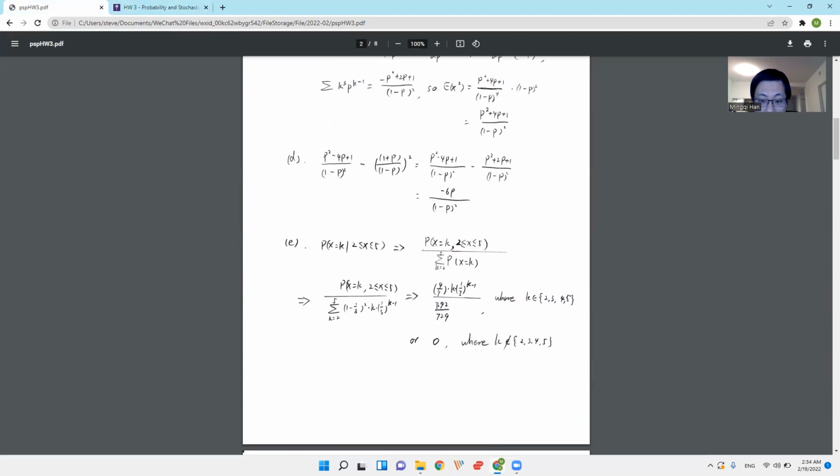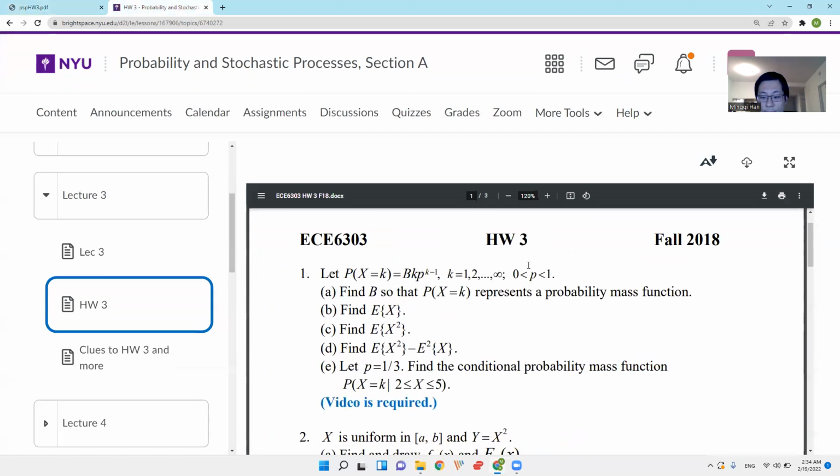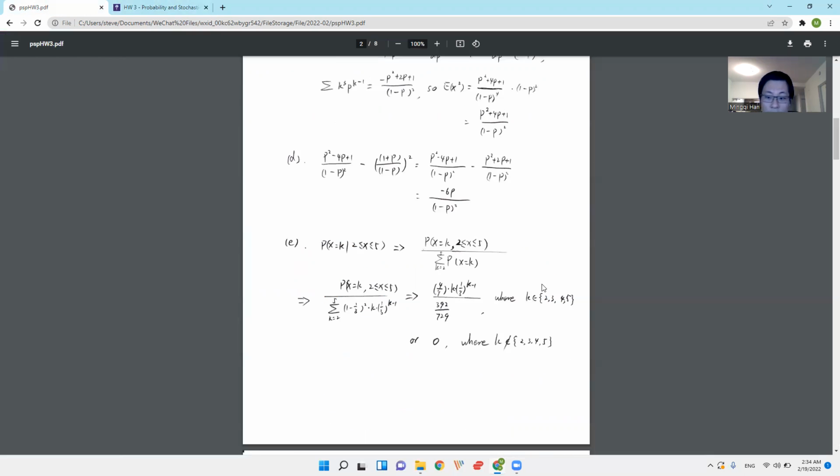Because it's a probability mass function, it's discrete, so it's just k equal to one of these values. This is the equation for that, or 0 where k is not in these values. And that's everything for this question.